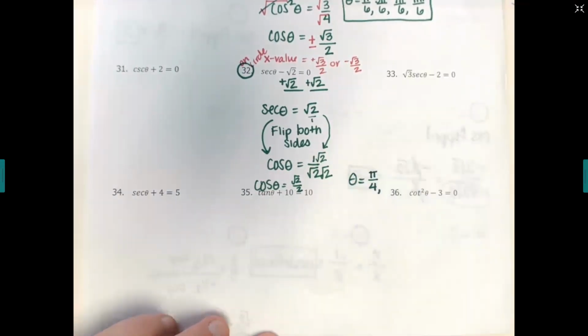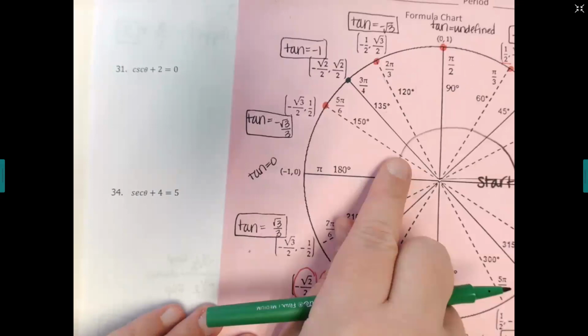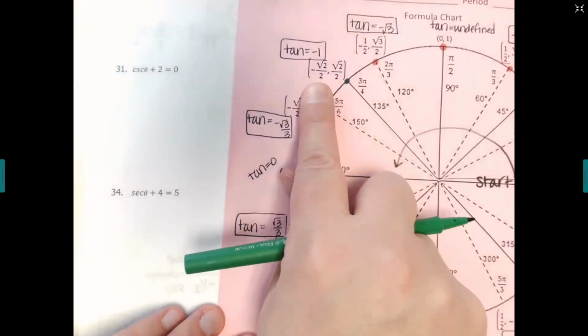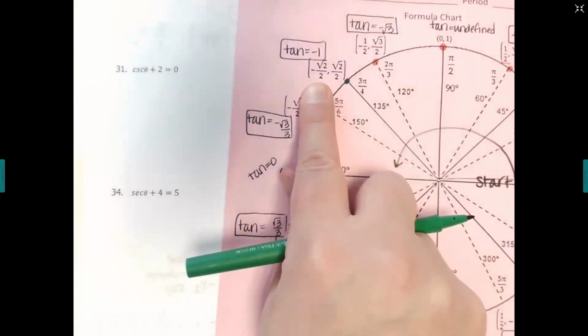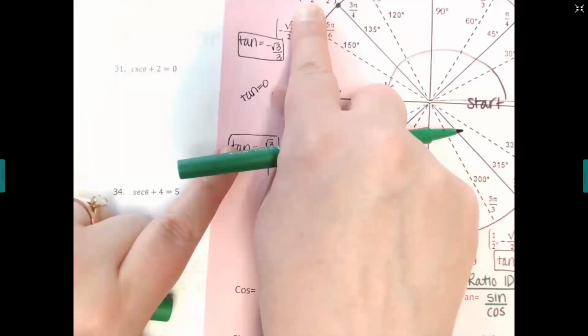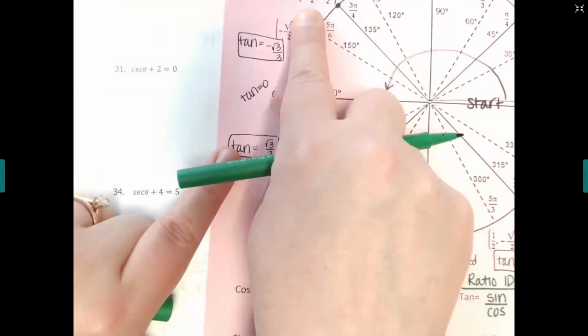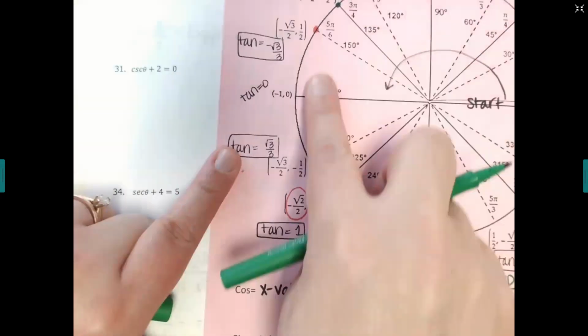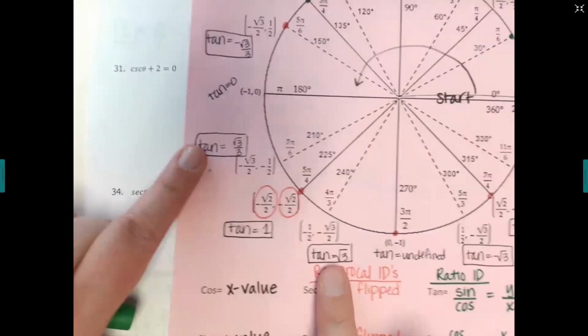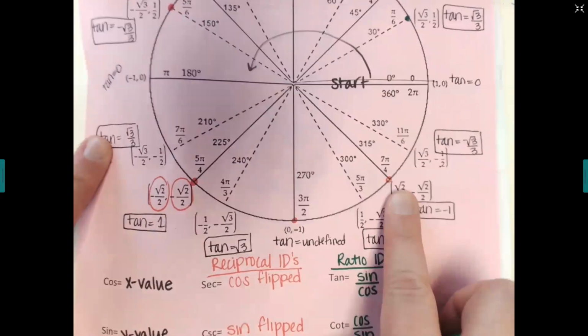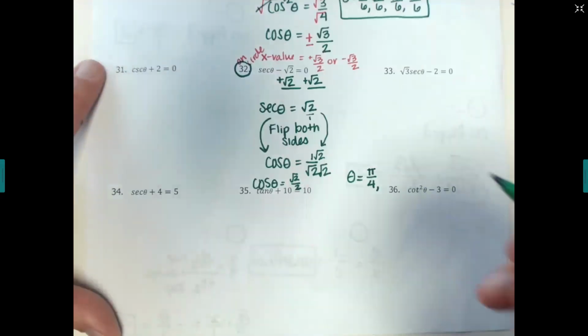Okay, question, do I also want 3 pi over 4? No, because at 3 pi over 4, what's my X value? Negative, and this isn't a plus or minus. This one I want root 2 over 2, then I have to skip because we didn't take a square root. So then I want to skip down here. My next one is going to happen over here at 7 pi over 4. Questions on that?